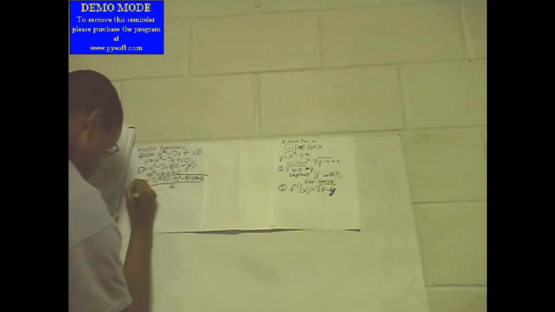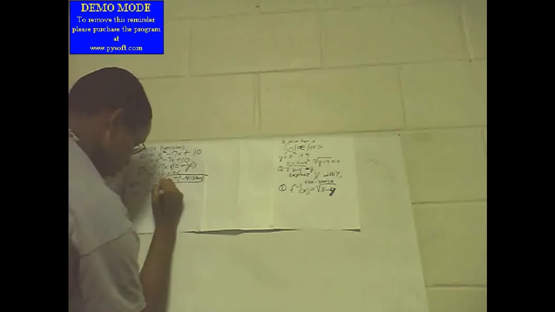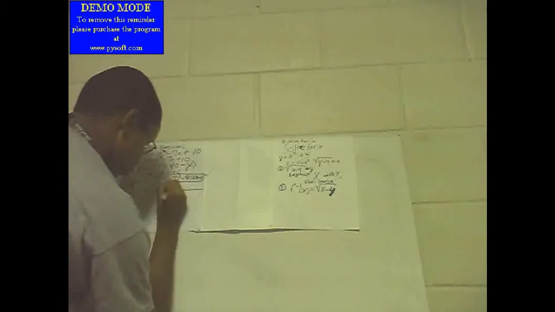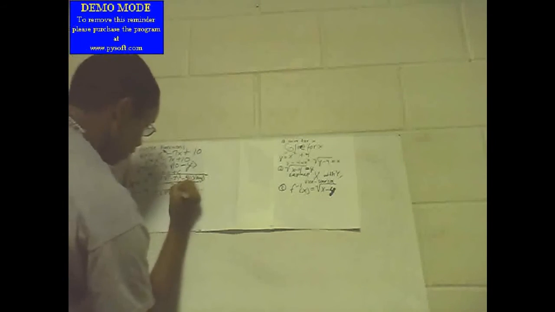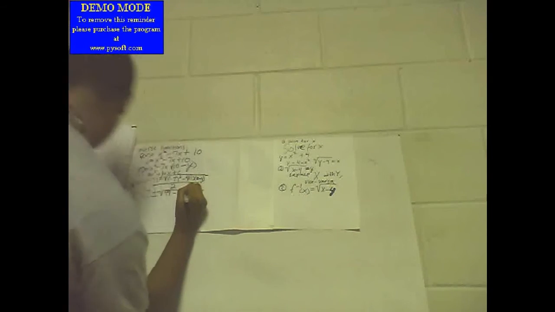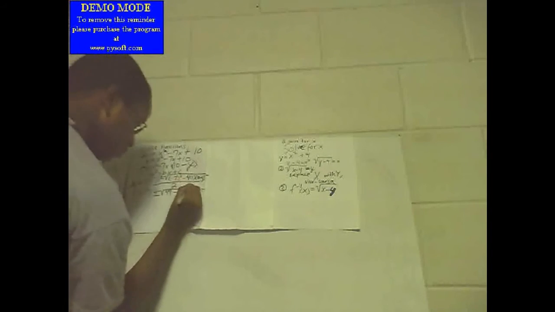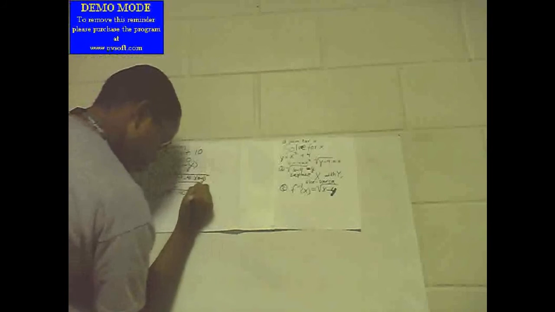As we simplify, we get x equals 7 plus or minus the square root of 49 minus 40 plus 4y.